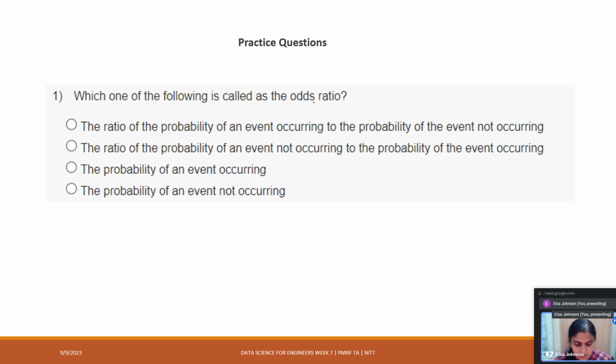Okay, everyone is saying A. If you take P of X as the probability of the event occurring and the probability of the event not occurring as 1 minus P of X, then P of X by 1 minus P of X is the odds ratio. That is true. So the answer is 1.